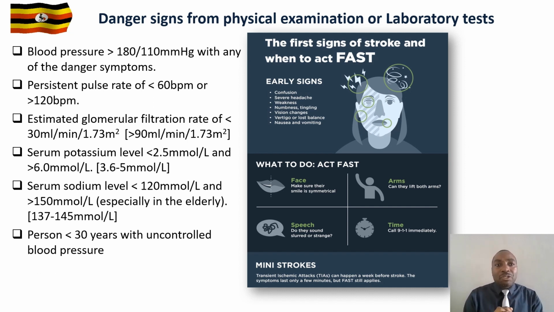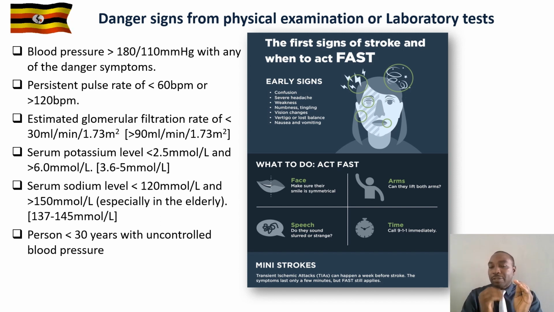The danger signs continued. In malignant hypertension, blood pressure readings are very high, 180 over 110, and there's end organ damage. When you measure the pulse rate, it might be too low, less than 60, or too high, more than 120. The normal pulse rate is 60 to 100. Estimated glomerular filtration rate of less than 30 mils per minute per 1.73 square meters. The glomerular filtration rate refers to the kidneys, how they filter the blood to create urine.